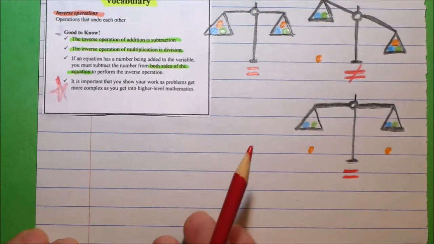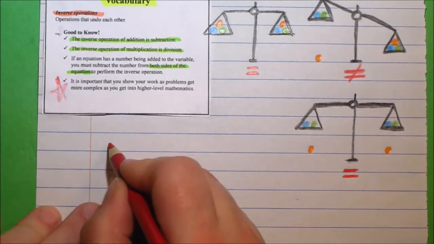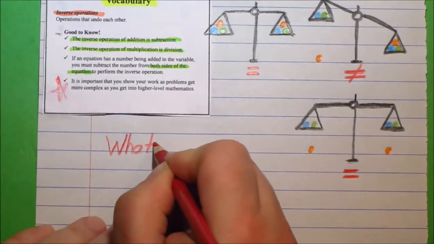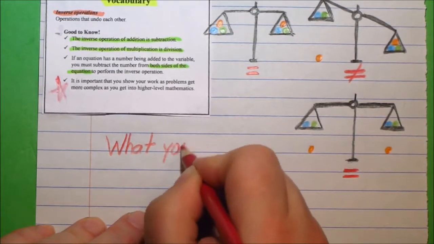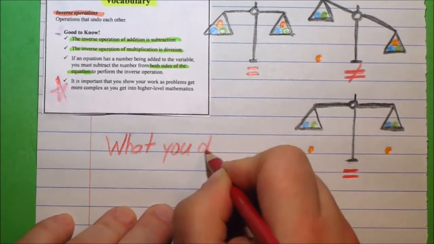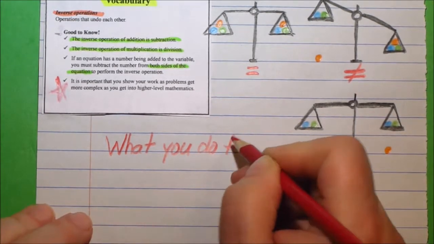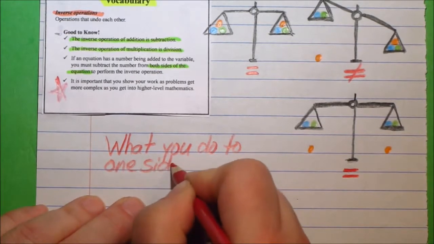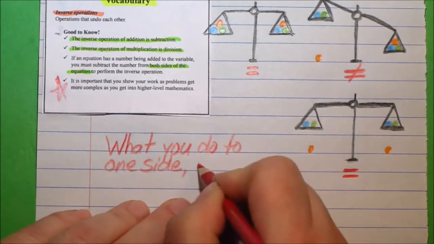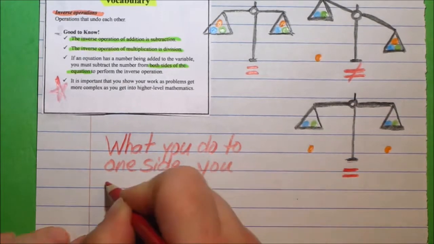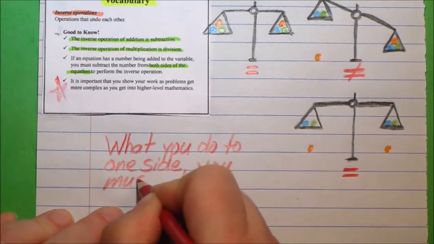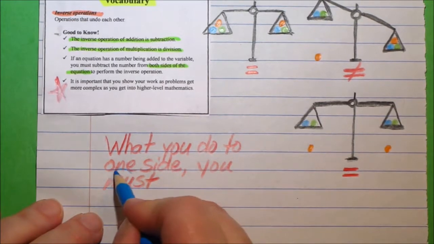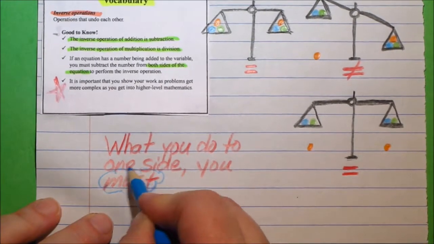Okay? So here's what we're going to write. What, and I'm doing it with my red pencil. It's that important. What you do to one side, you must, I'm going to take my light blue pencil and it is that important, okay?